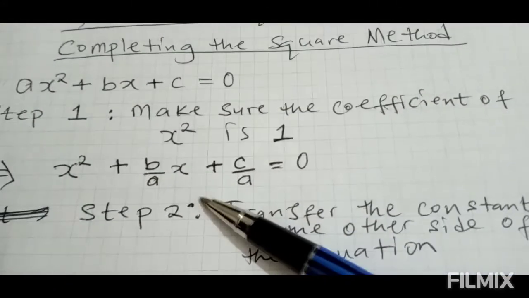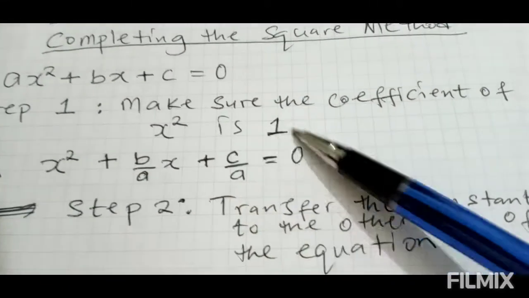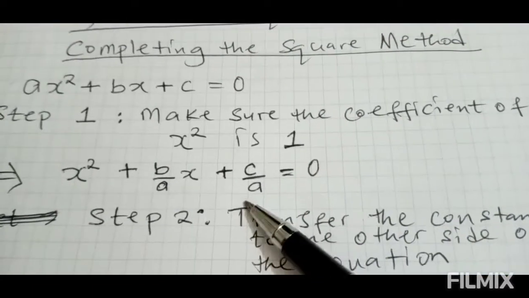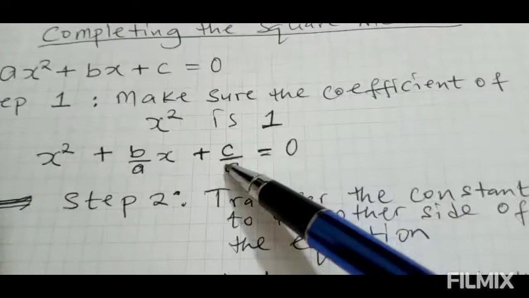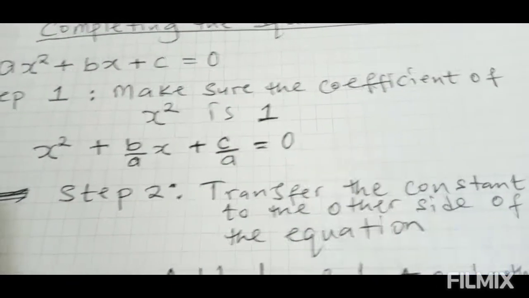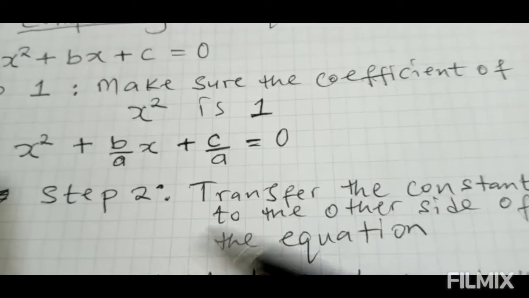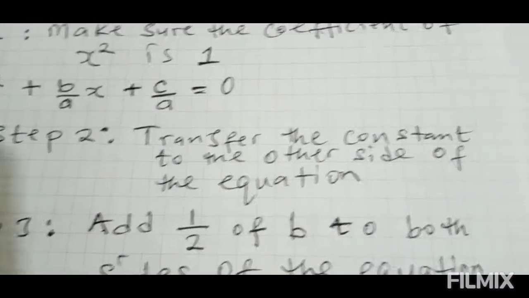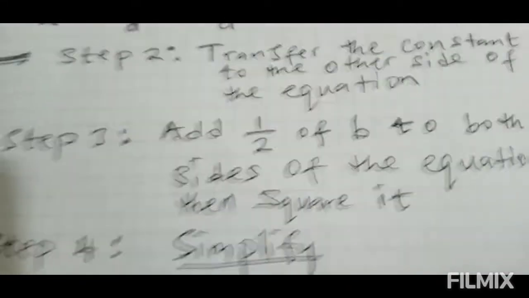Second, take the constant to the other side of the equation, so it will be negative c over a. Then step 3, add half of b to both sides of the equation and then square it. Then step 4, simplify.